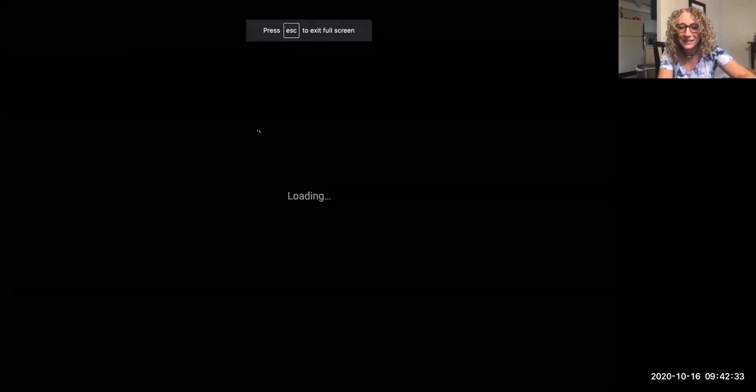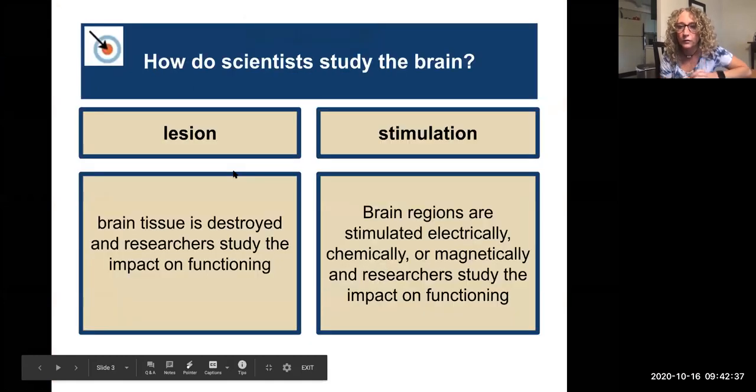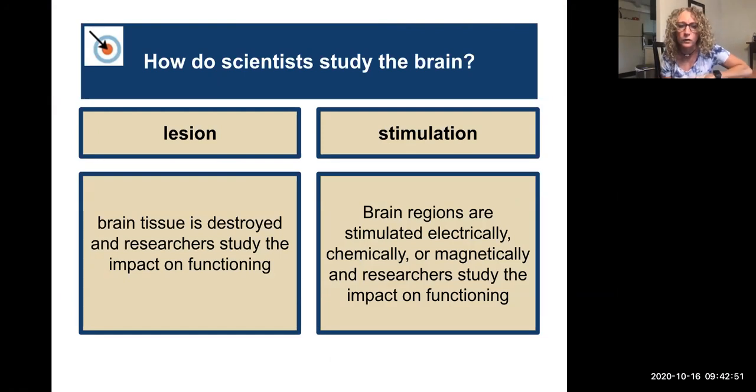All right. So we are going to start with first understanding that when we are studying the brain, there are two ways we can lesion a part of the brain, where you actually remove a small portion, or maybe if it was a large surgery, a large portion of brain tissue.